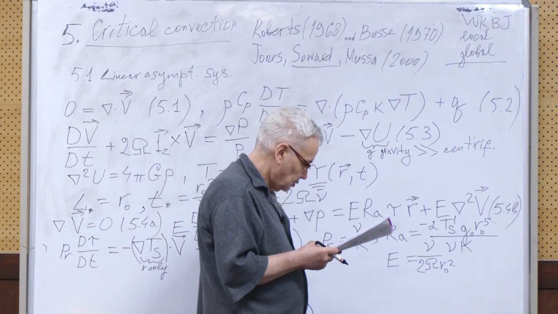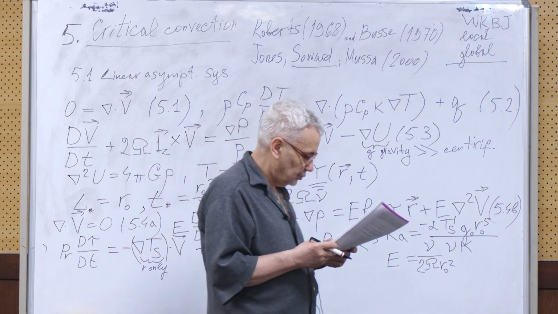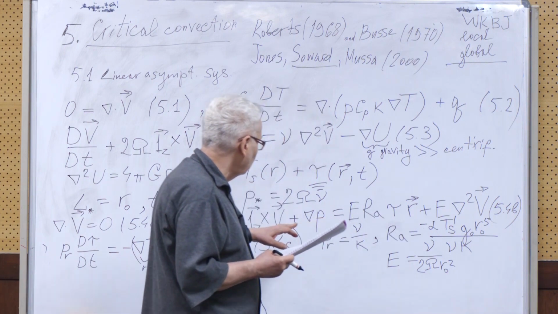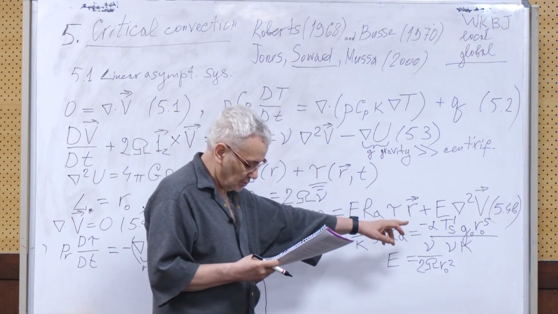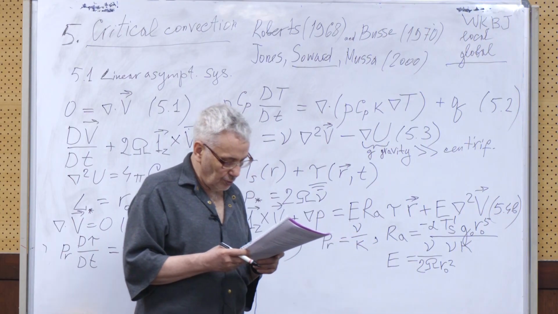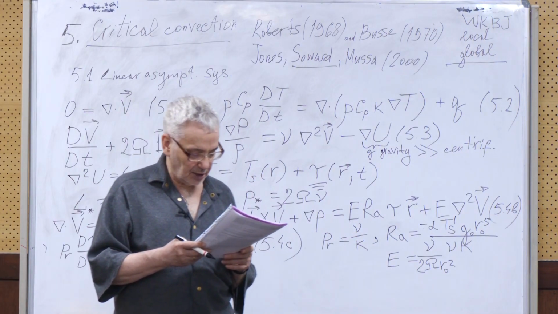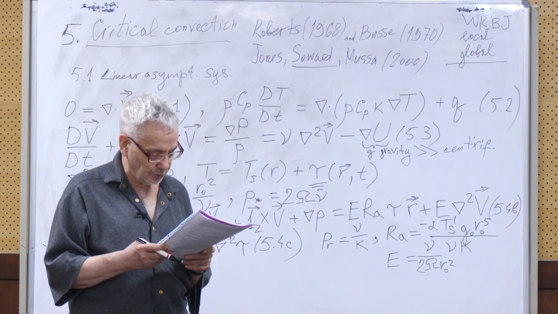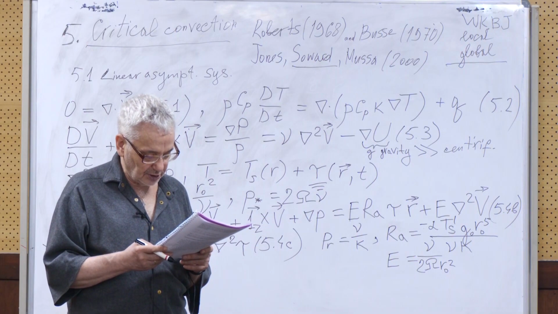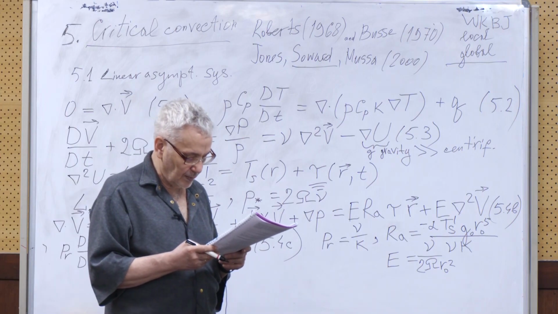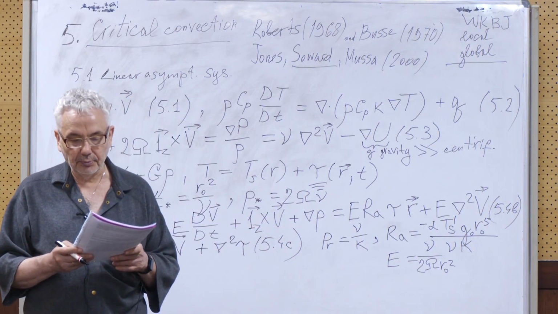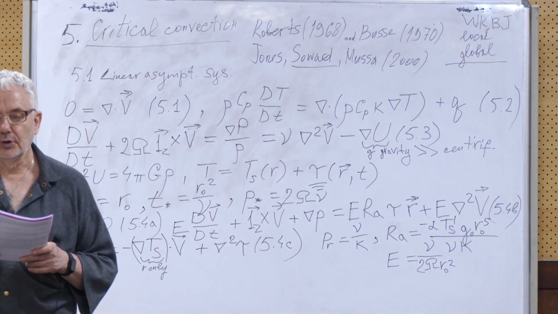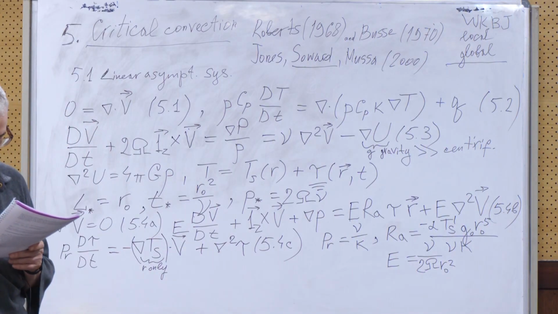Okay. So I just remind you that alpha here is the coefficient of thermal expansion, mu is the kinematic viscosity, K is the thermal diffusivity, and g naught is the gravitational acceleration exactly at the outer boundary, and r is the radius of the outer sphere.